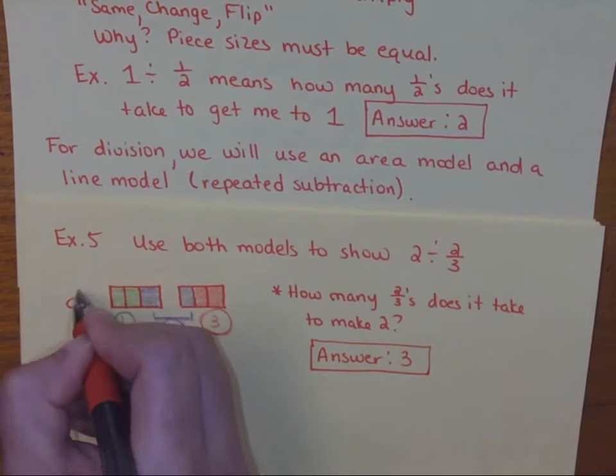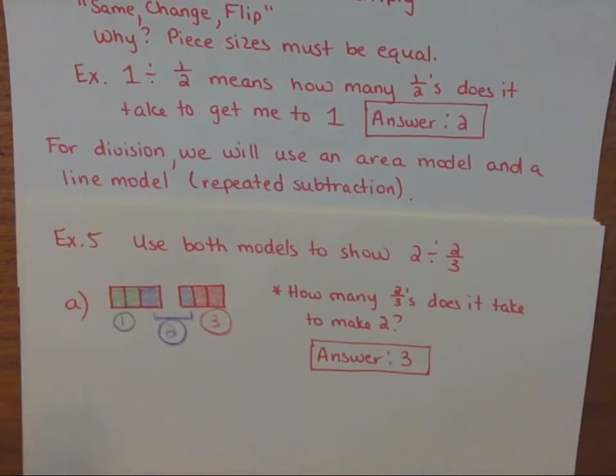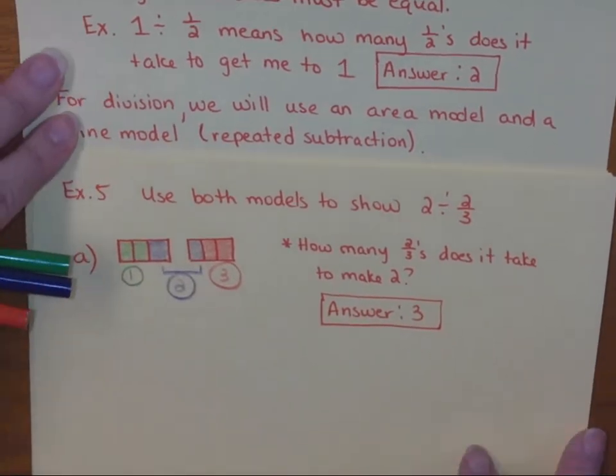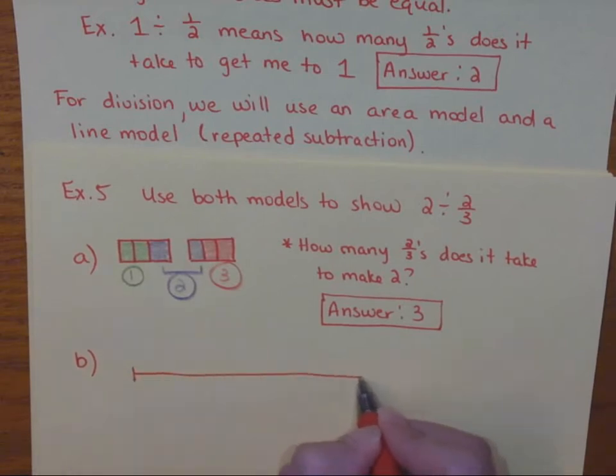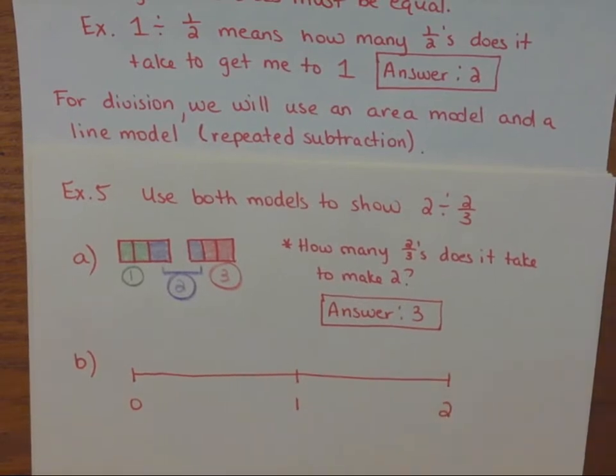Okay, so this is the first model, the area model. The number line model is very similar, but I think it is important to show here because some of us need to work on our numbering and fractions a little bit. So here is 2, and we're going to ask the same question.